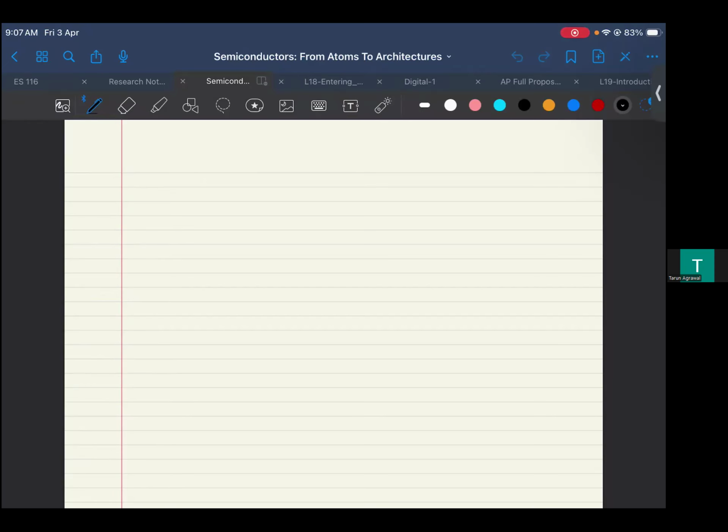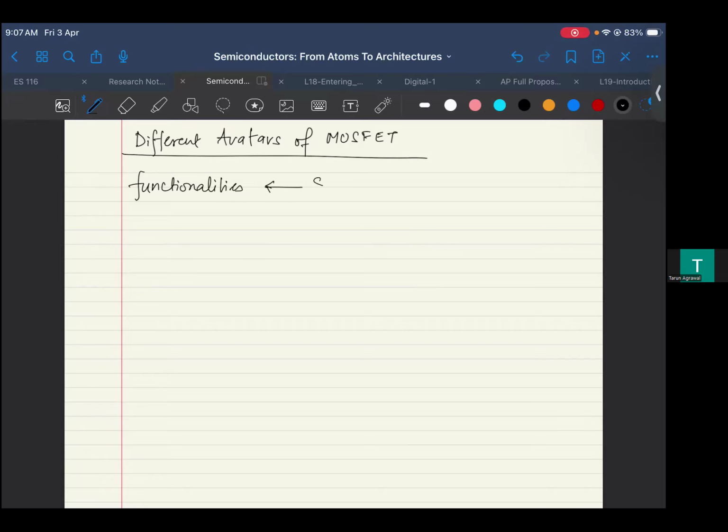So today we are going to continue our discussion on different avatars of MOSFETs, right? One thing I would first clarify is that as of now, we were looking at different functionalities of the MOSFET, and for these functionalities, what is the structural or material modification which you would need.